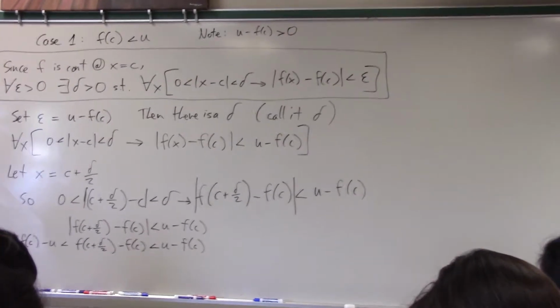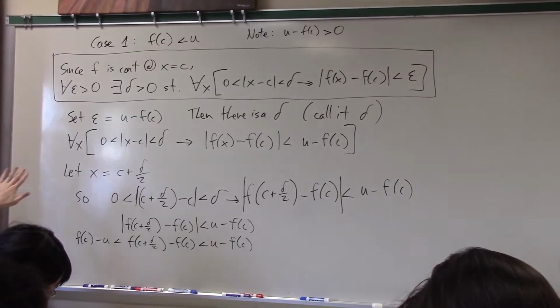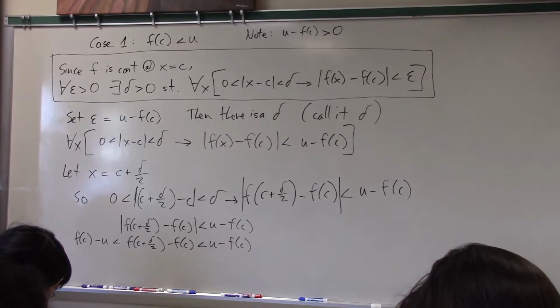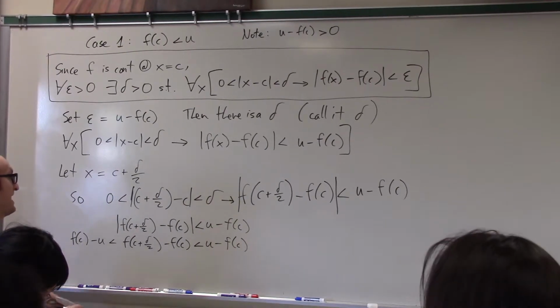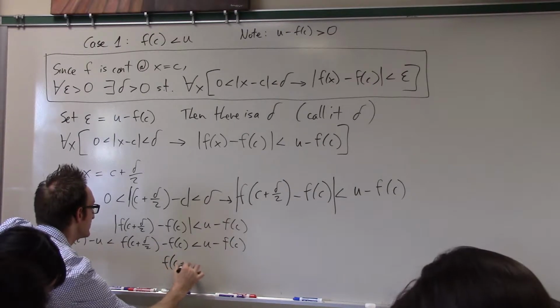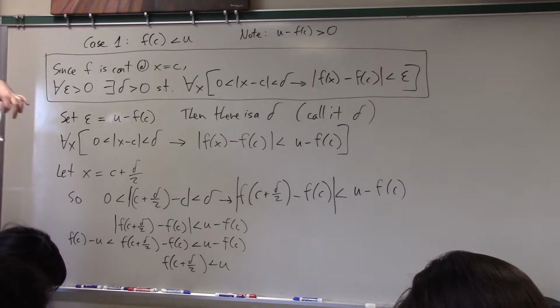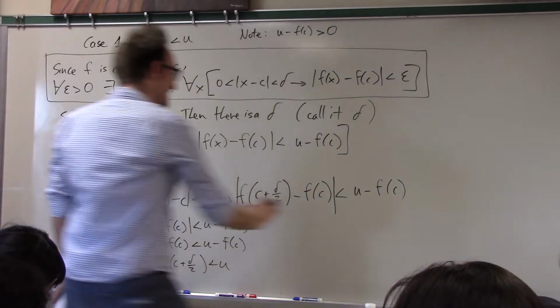Okay. I choose to ignore now the left-hand side of the compound inequality, and I simply get that f of c plus delta over 2 is less than u. Okay. All right, why is that a problem?